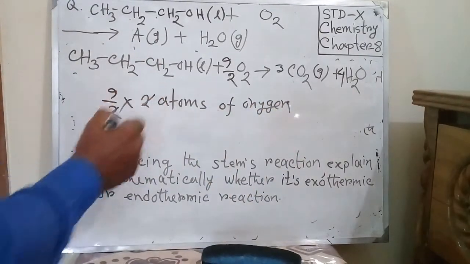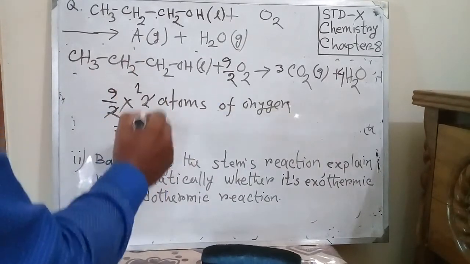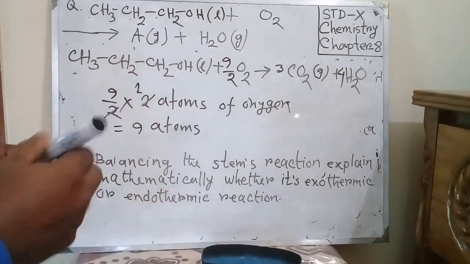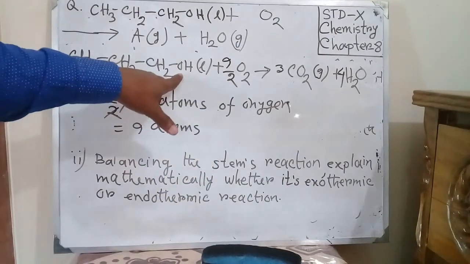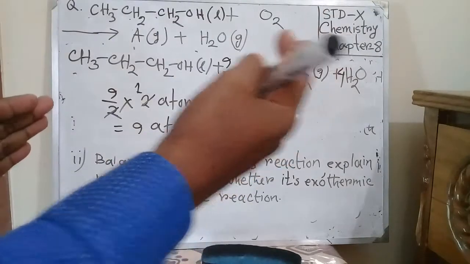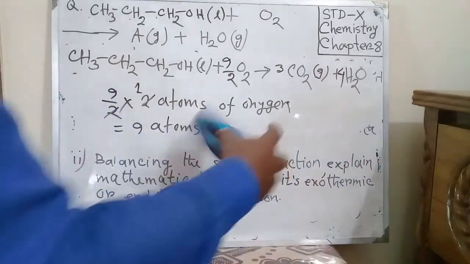So if I divide 2 by 2, then we get 1. So 9 ones are 9 atoms. So look, there are 9 atoms and here 1. Total 10 atoms at the left side and the right side also 10 atoms. So we can tell this is a balanced reaction.